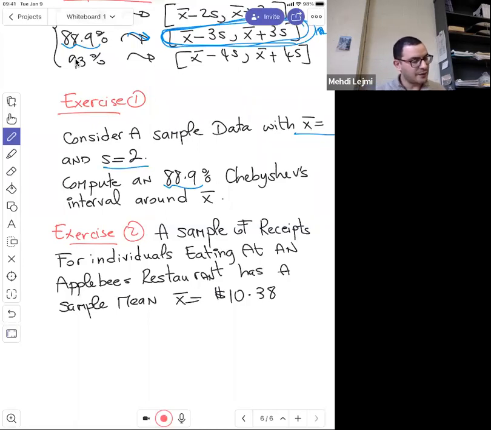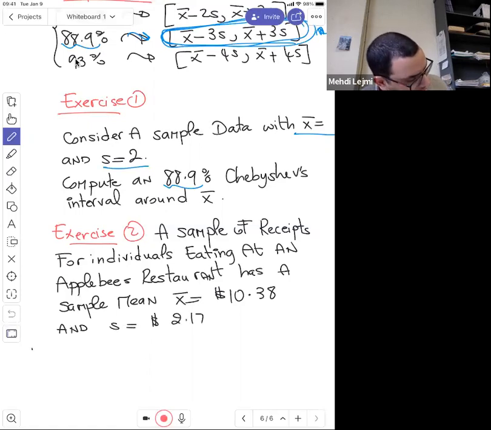That's the mean of the receipts, which is not too much, I guess. And we computed the standard deviation as $2.17.